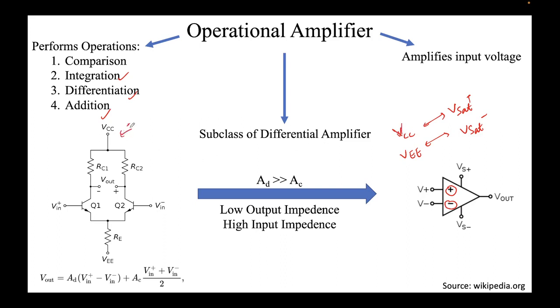Let's say this is 15 volts and this is minus 15 volts. The maximum that you can go is plus 15. Otherwise, there will be no current flowing. Similarly, if this is minus 15, there can be no current flowing here. Very simple. So that's what we mean.